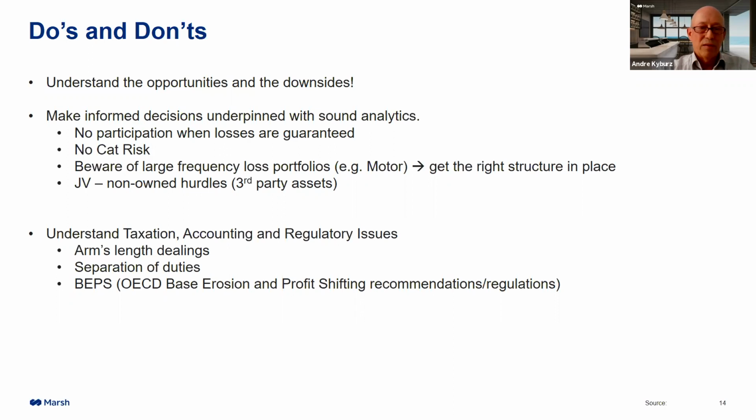Joint ventures, that's usually an interesting theme that we see. In some domiciles, there are hurdles in that you can't write third-party business. And I've seen personally captives where joint ventures were insured, but only for the share that the parent company of the captive owned.